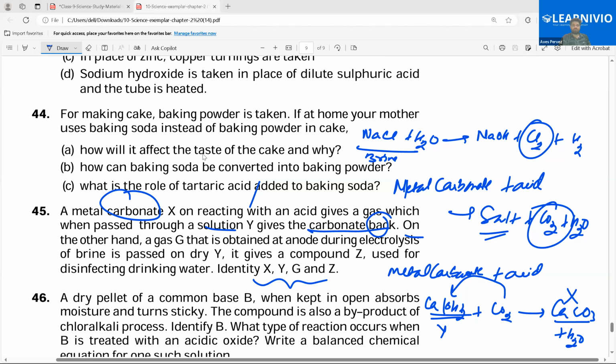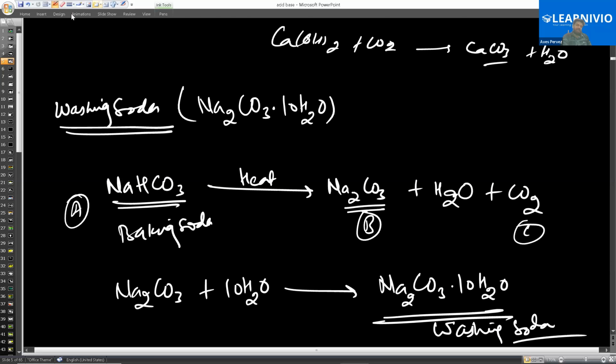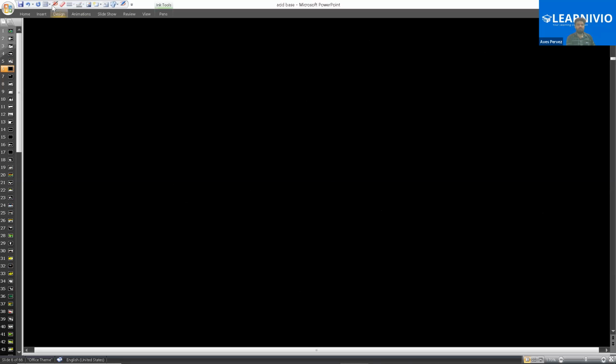You know that lime water is milky. Calcium hydroxide in solution is called lime water, a very dilute solution with a very small amount of calcium hydroxide and a large amount of water. So this is Y as a solution.